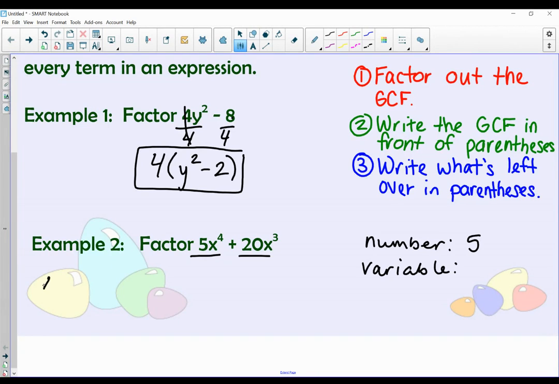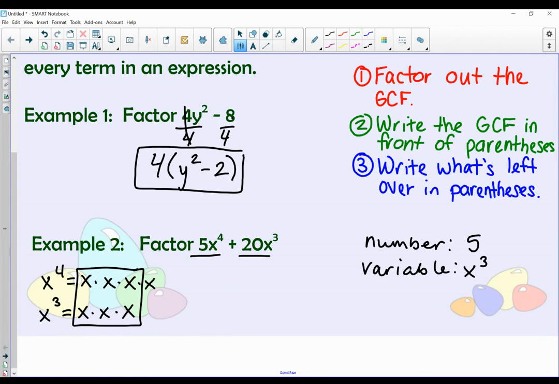And then I'm looking at the variable. I have x to the 4th, which, remember, has 4 x's. And I also have x cubed, which has 3. So I'm looking and I'm like, okay, how many do they actually have in common? Well, they have 3 in common. Okay, well then there you go. That's my common variable. So together, my GCF, my greatest common factor, is 5x cubed.